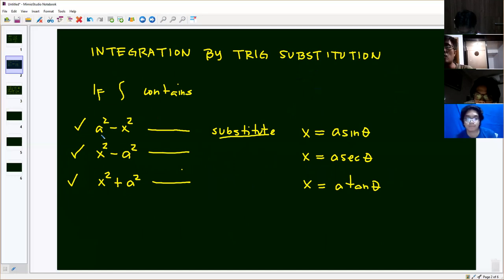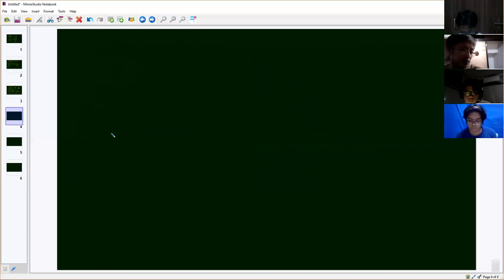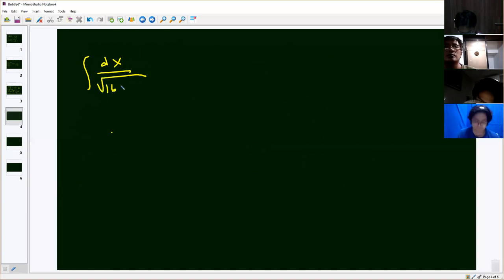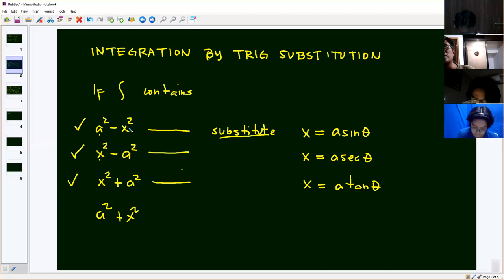Notice this: constant first minus x, then here variable first minus the constant, and then the other one has a plus. Of course, there's no case of a squared plus x squared, you know these two are the same. Right? Okay, let's look at another example. Let me make it plus. Okay, plus this time. So which of the three applies? There's only one plus there, this one. So go guys.